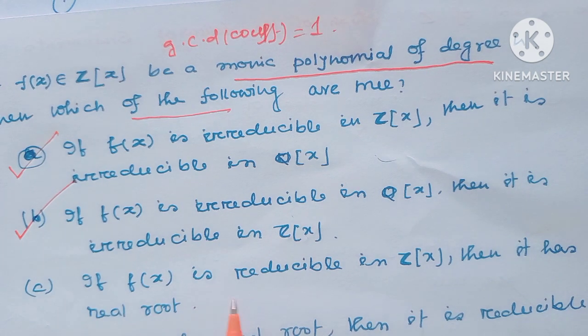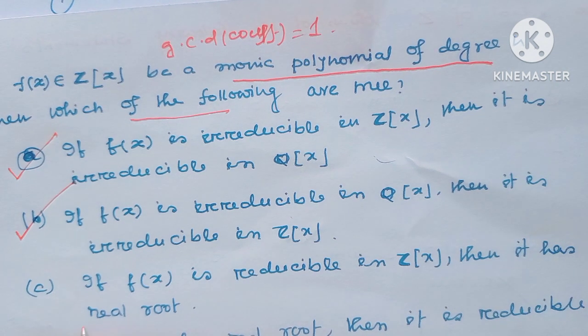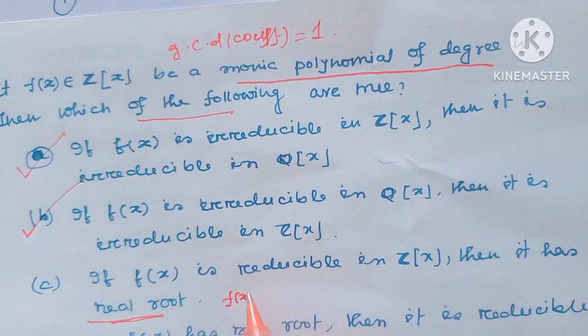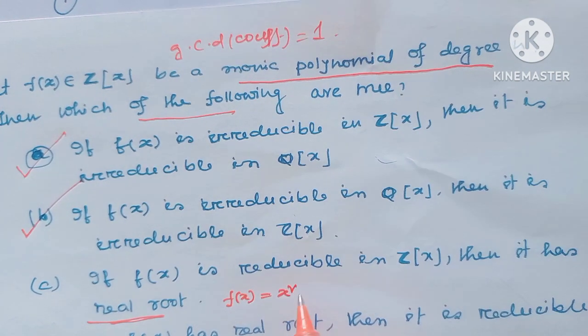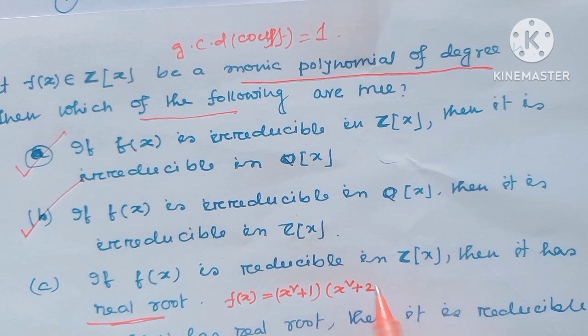Next, if f(x) is reducible in Z[x], then it has a real root. Notice, consider f(x) equal to x squared plus 2.